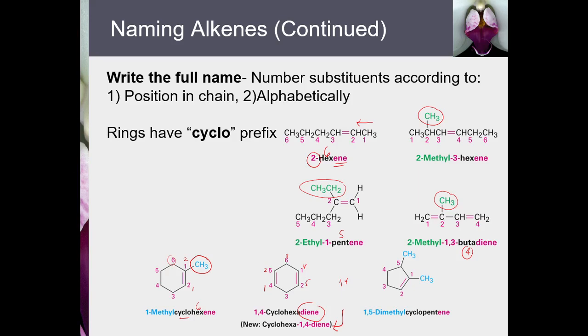Then the 1,4 here, this is where we put the numbers for the location, the position of the double bond. Now we put it before the suffix -ene, -diene, or -triene. The old way might be confusing, so the convention now is to put the position of the double bonds in the middle, before the suffix -ene. So we can change this. This will become 2-methylhex-3-ene. This one will become hex-2-ene.